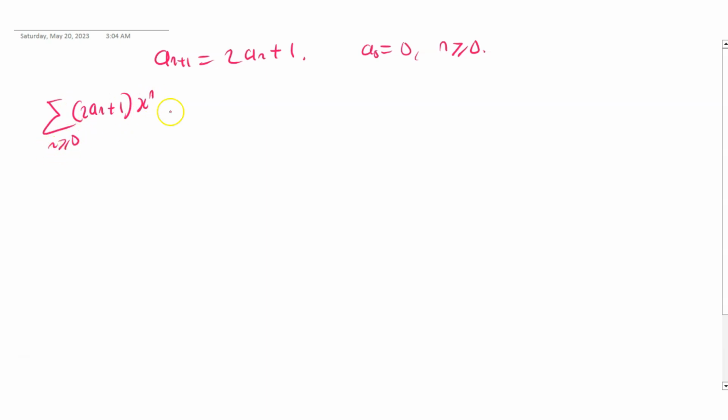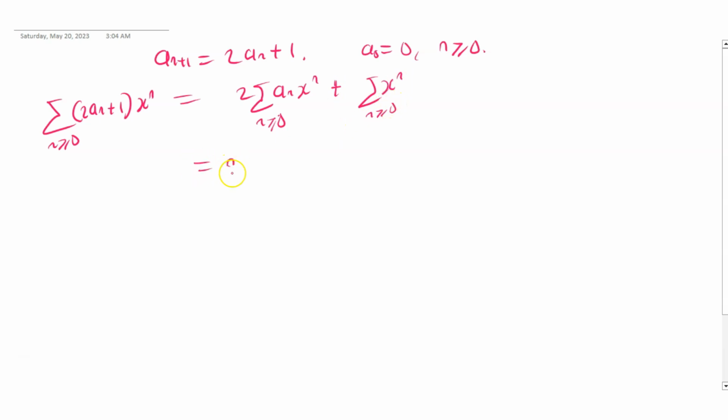So we have a sub n plus 1 equals twice a sub n plus 1. Here a sub 0 is equal to 0 and n is greater than or equal to 0. So when we sum everything up, let's sum the left hand part. We are going to sum twice a sub n plus 1 x to the n for n greater than or equal to 0. That would be twice the sum of a sub n x to the n, plus the sum of x to the n for n greater than or equal to 0.